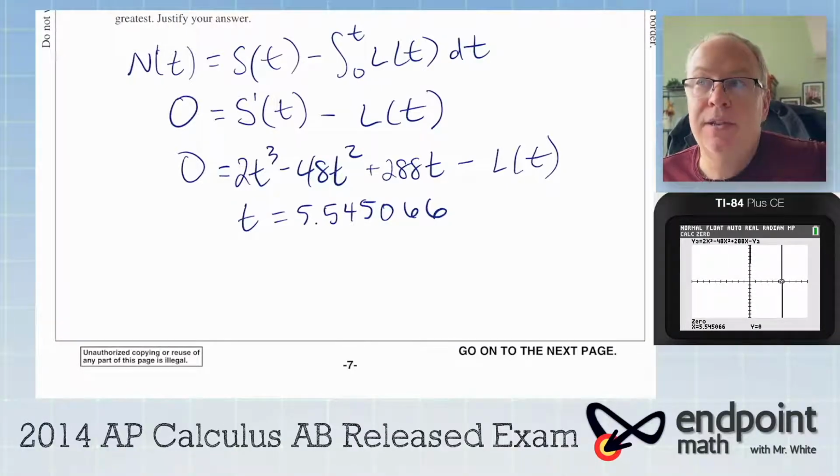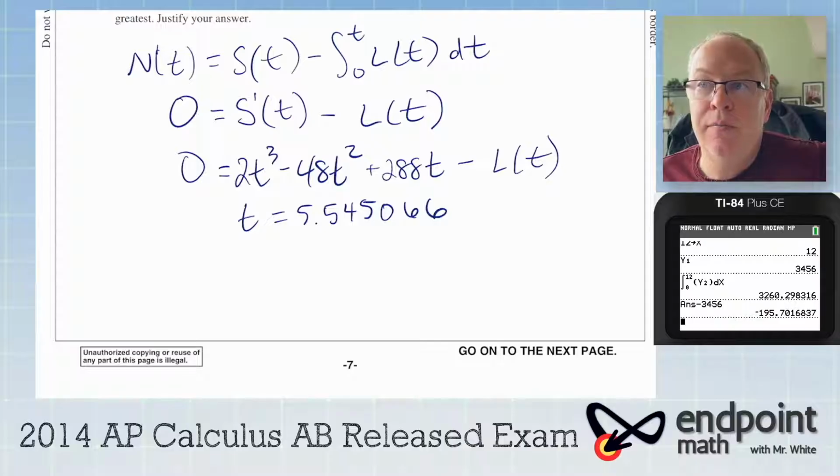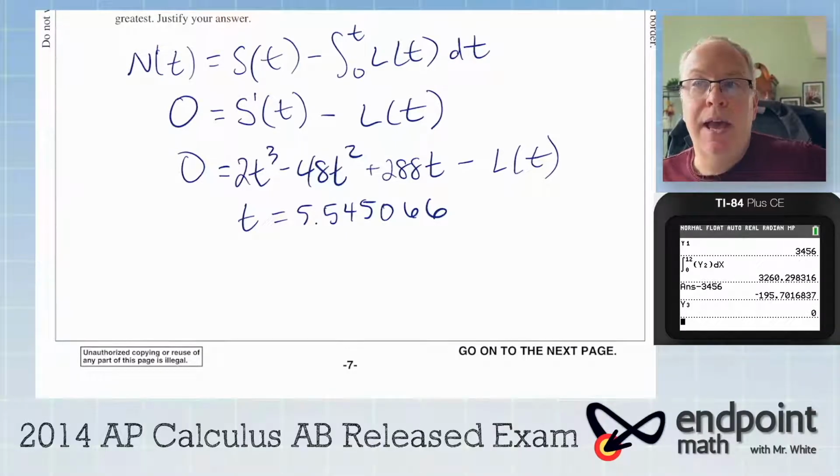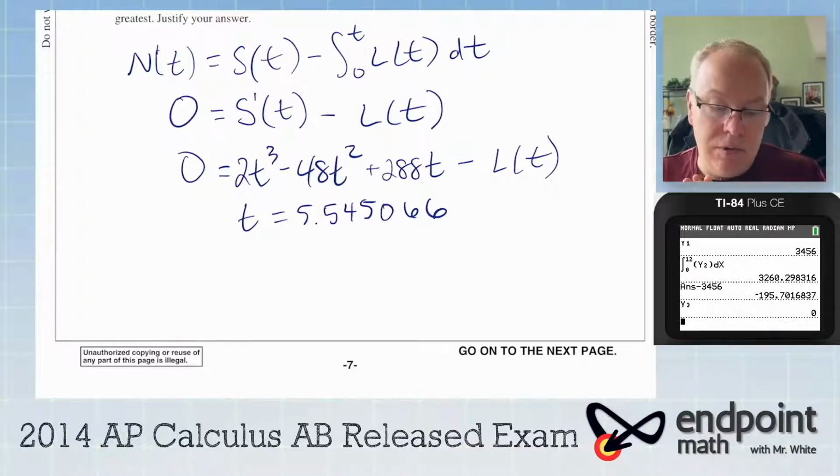Don't forget, x has that number in it, so we're going to use that to our advantage. I'm now going to type variables, and I'm going to use my y3 this time. I'm going to have it execute that, and that confirms that at t equals 5.5 seconds, the derivative is 0 there. So the rate of change is 0.